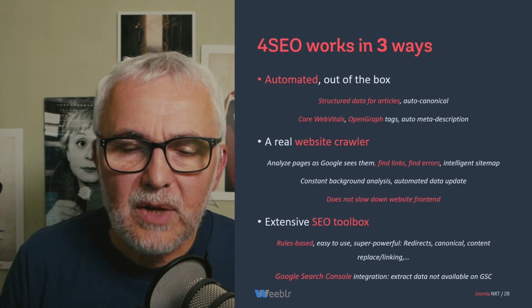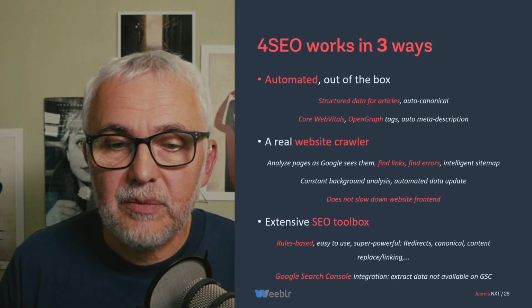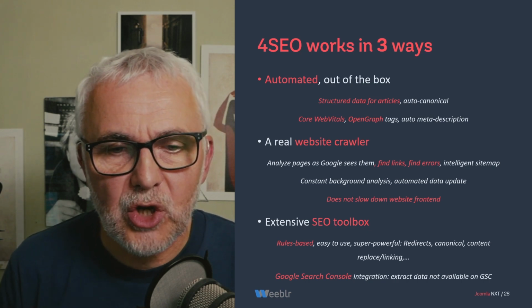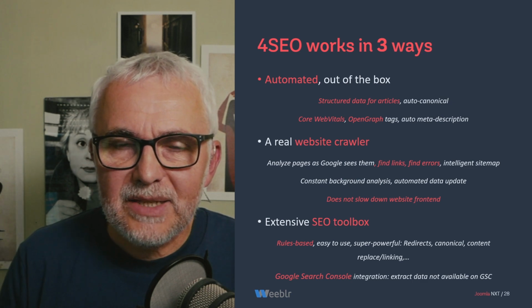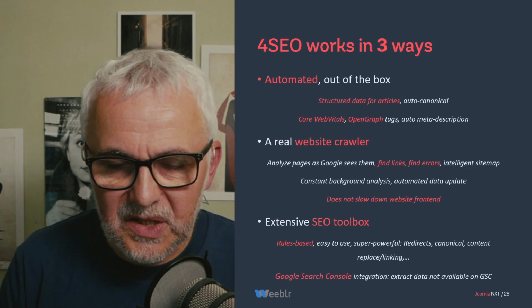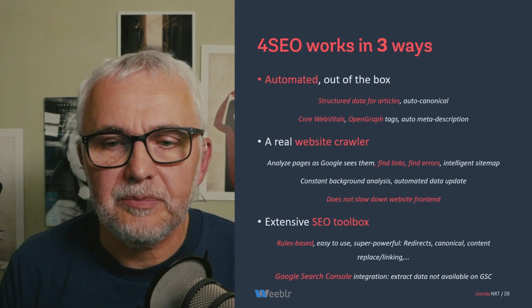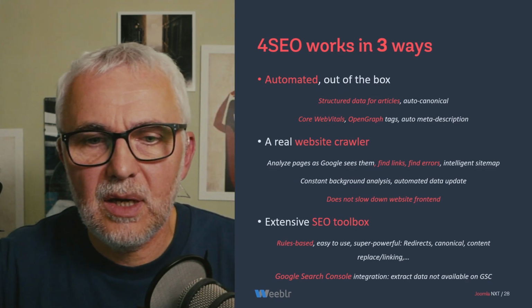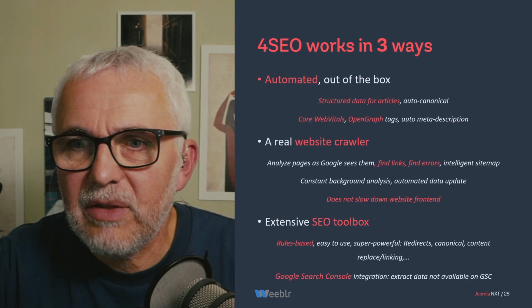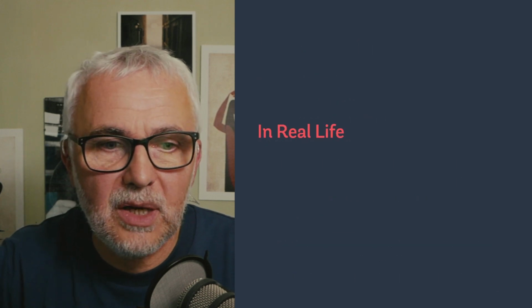And finally, and that's brand new, we just released that officially this morning, we have an integration with the Google Search Console, and that lets us extract information to help you decide which keywords and which pages you can optimize. So we're going to see how that works now in real life, I hope.